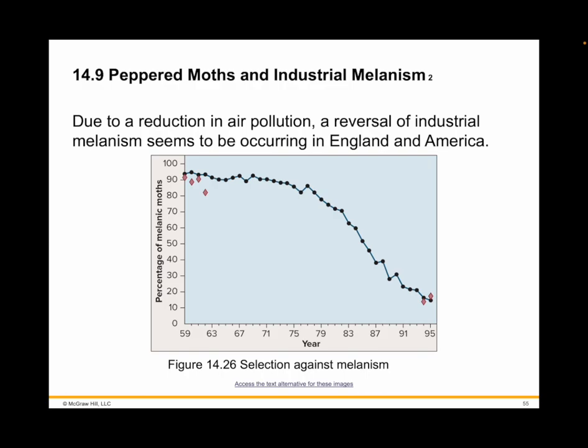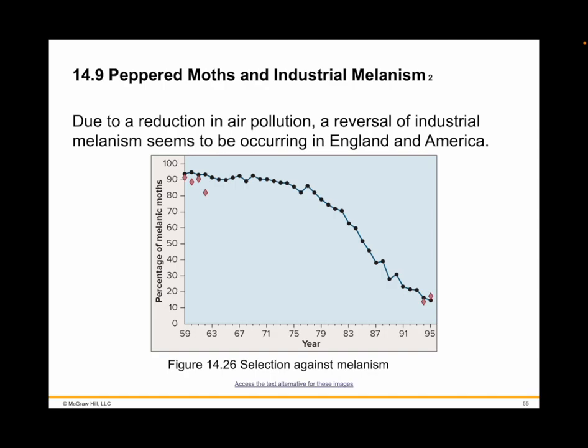Interestingly, the same reversal of industrial melanism appears to have occurred in America during the same time that it was happening in England. Industrial melanism in the American subspecies of the peppered moth was not as widespread as in England, but it has been well documented at a rural field station near Detroit. Of 576 peppered moths collected from 1959 to 1961, a total of 515 were melanic, a frequency of 89%.